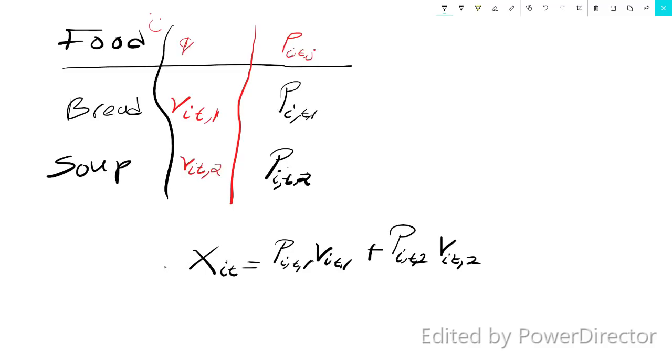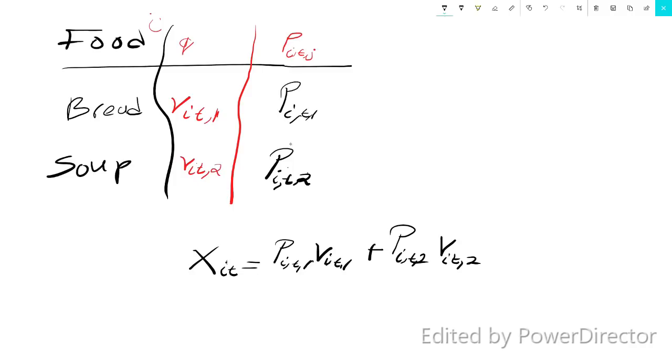If you have any questions, please ask me any question that you have in mind. The other thing we want to say about this is the following. Now that we know what XIT is, the big XIT, which is the actual or the money expenditure at year T, I want to ask you, what is the representative price of food?